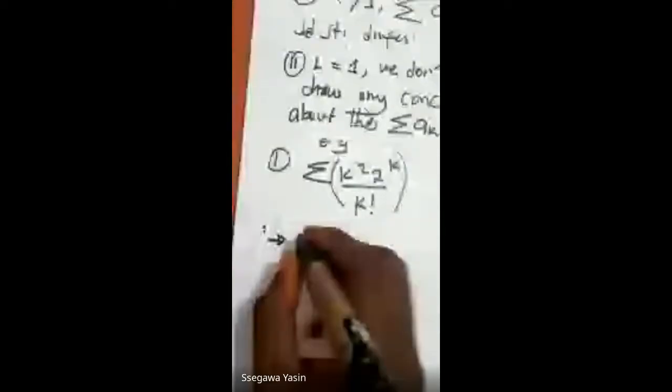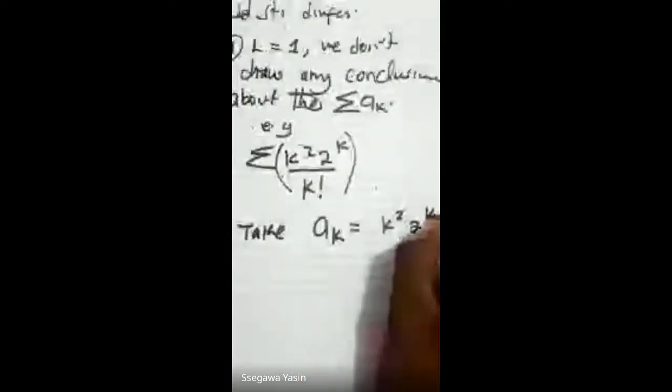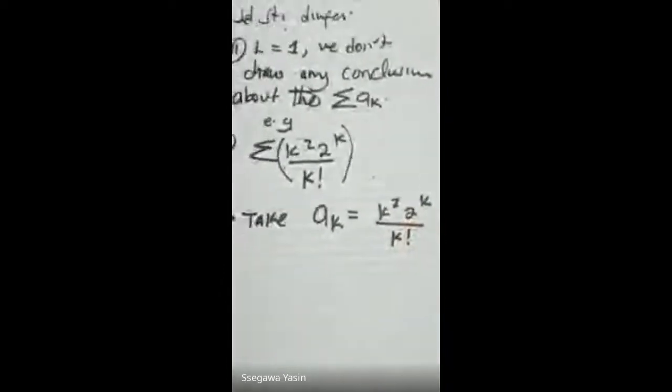We can take a_k equals k squared 2 to the power k over k factorial. That is the expression we have.